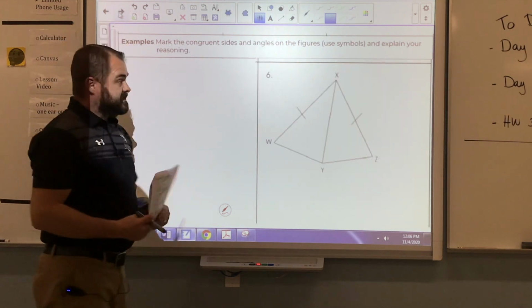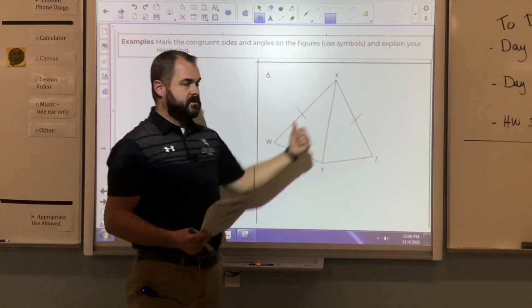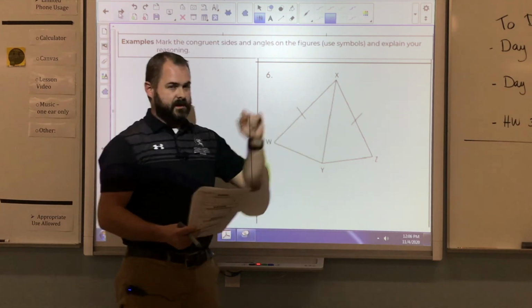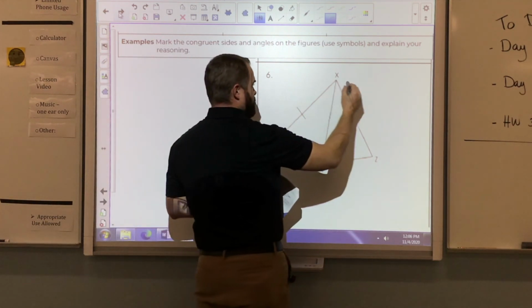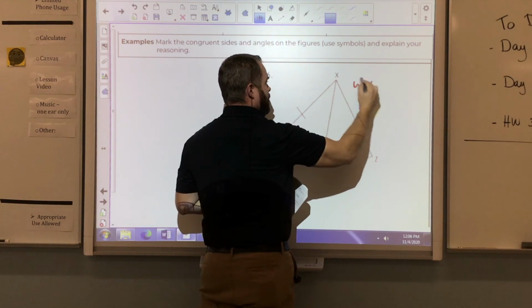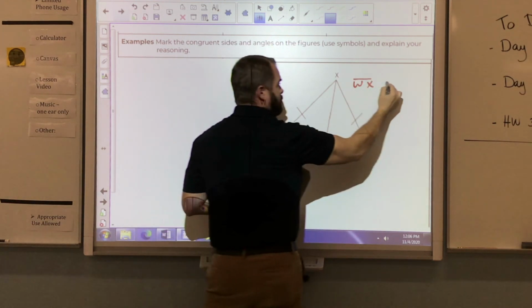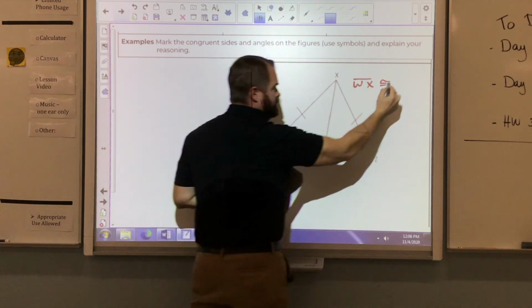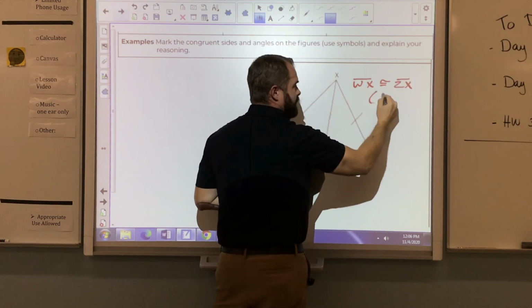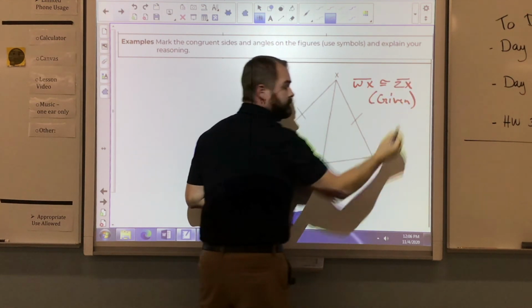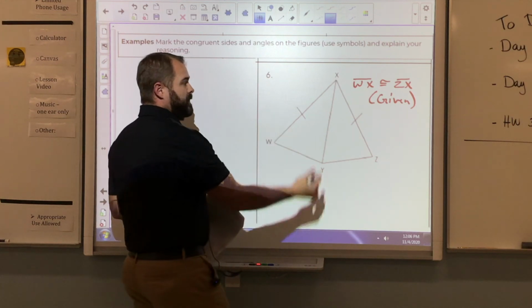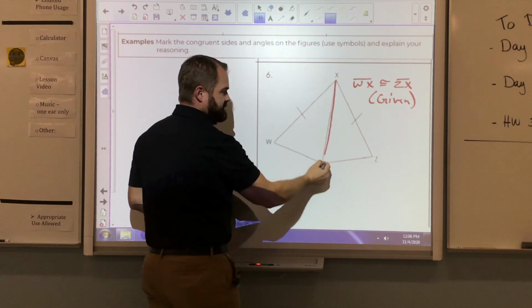And then finally, our last example picture here, we've got another two triangles. We've got congruent sides marked, and I'm going to go ahead and have you mark that. I'm going to say that WX is congruent to ZX because that is given. Okay? But we also have that they share this side.